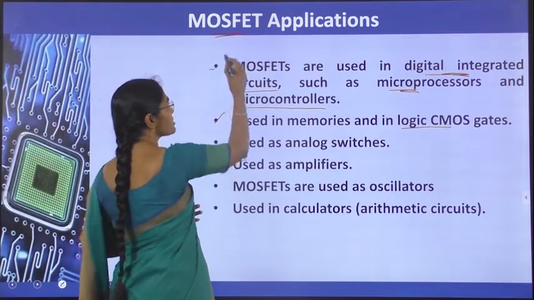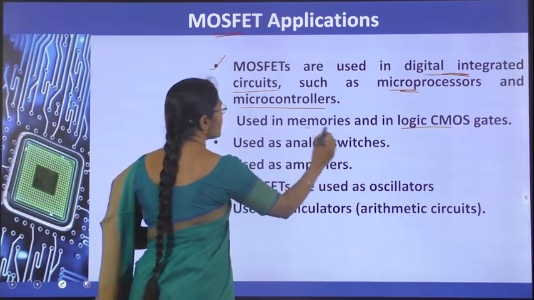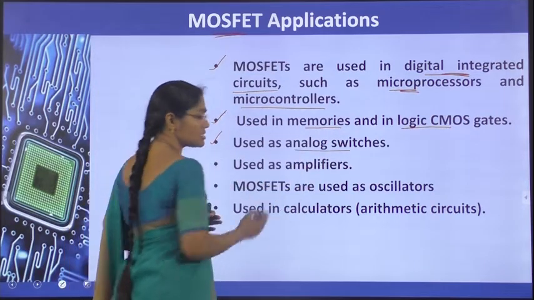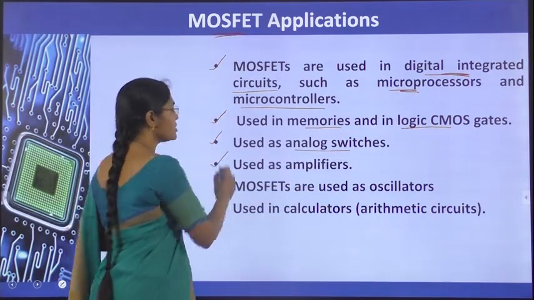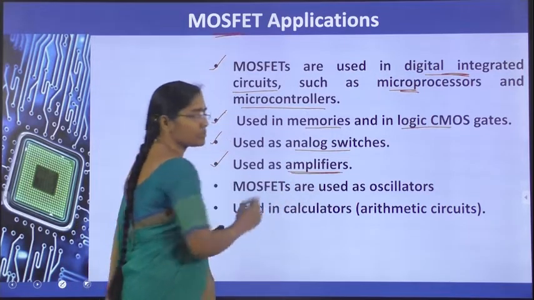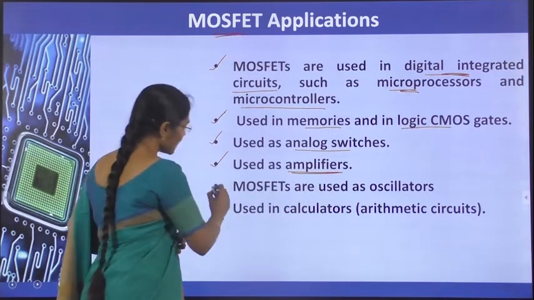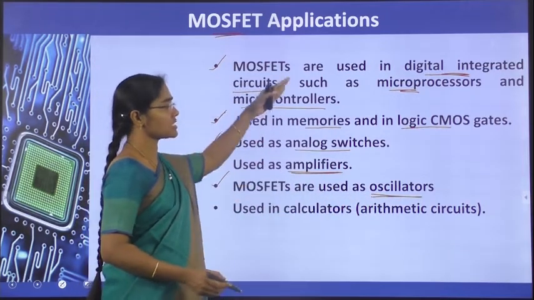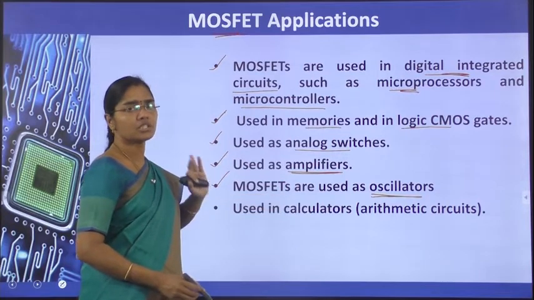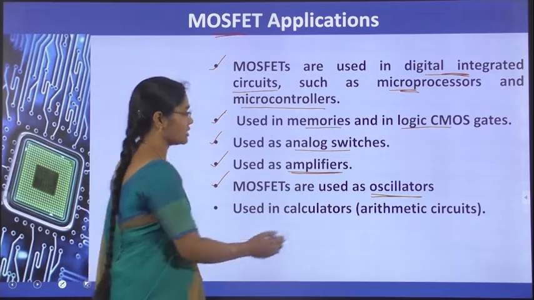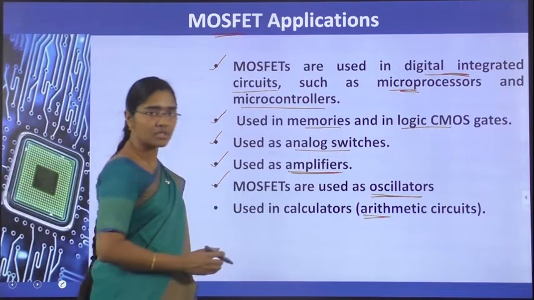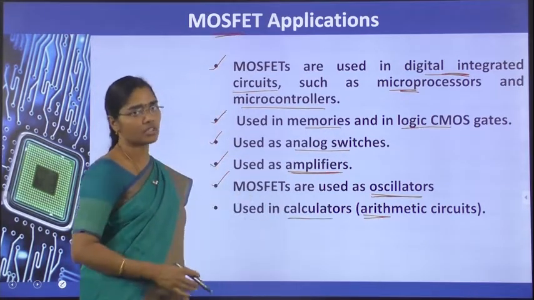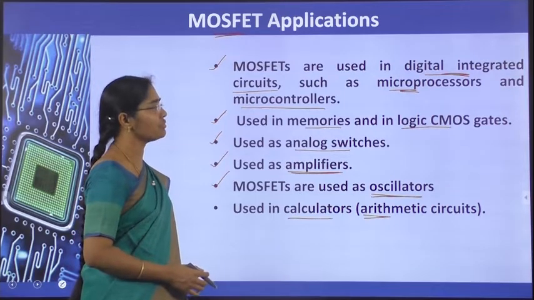They are used as switches, and also as amplifiers for amplification purposes and in oscillators, like analog applications. In both analog and digital applications this MOSFET can be used, and it is used in all the arithmetic circuits, that means in calculators, computers and so on. These are the applications of MOSFET.